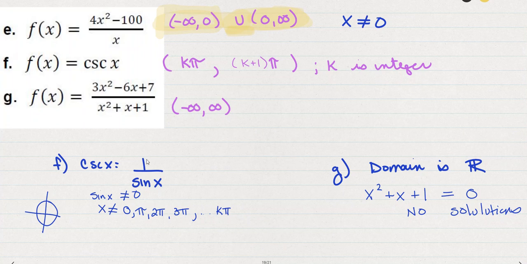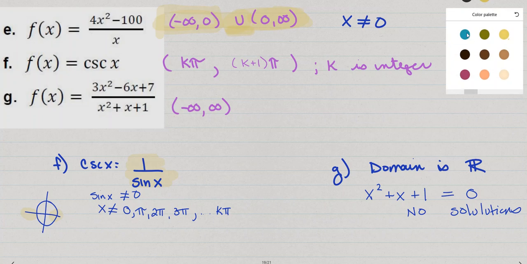The cosecant is the same as 1 over sine. And so we can see that the problem with continuity is going to be if sine is equal to 0. So when does the sine equal 0? On a unit circle, that's when we have y equal to 0, right?